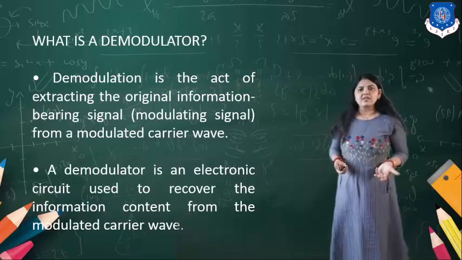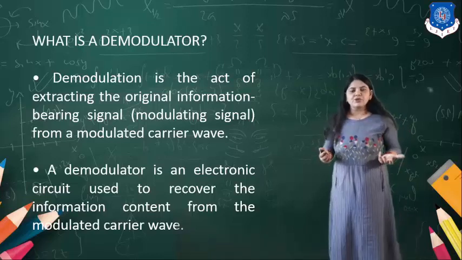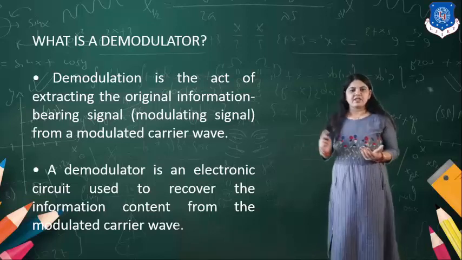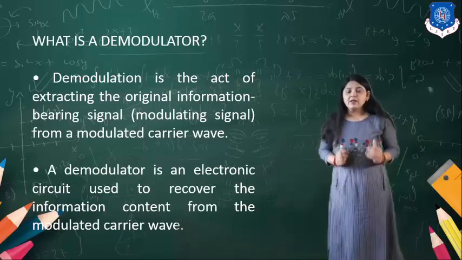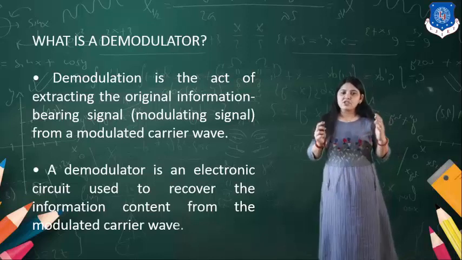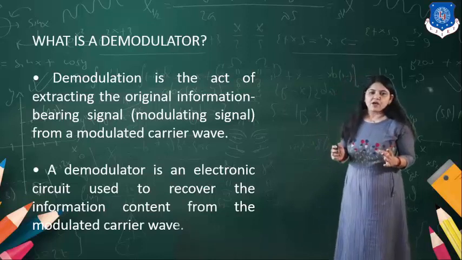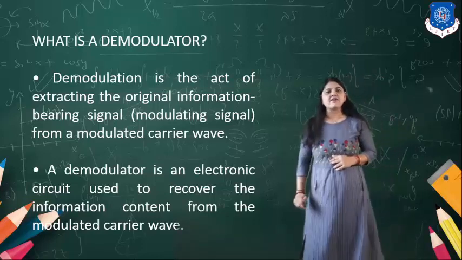To carry out this demodulation process, we use a demodulator. What is a demodulator? It's an electronic circuit which is used to recover the information content from the modulated carrier wave.